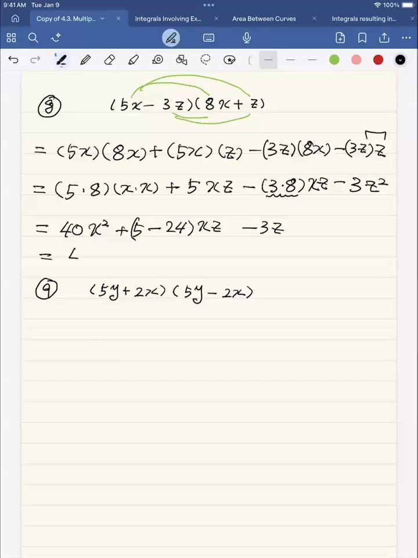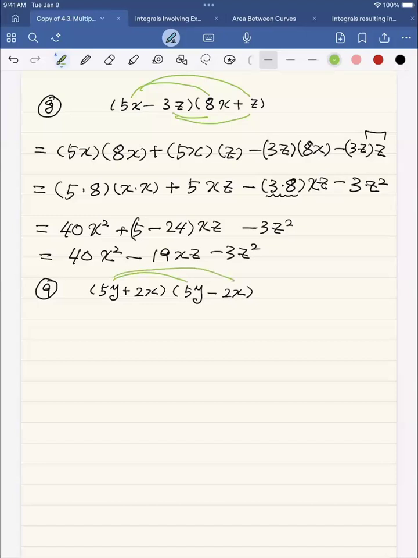So the final answer is 40x squared minus 19xz minus 3z squared.